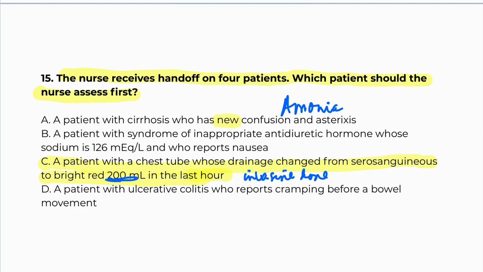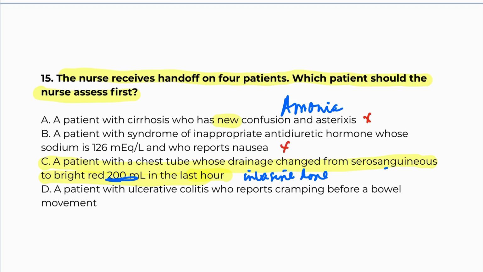Just looking at the choices, it says chest tube, serosanguinous to bright red. You know that the patient probably had surgery, and this is what's happening, right? So I said letter A is incorrect.